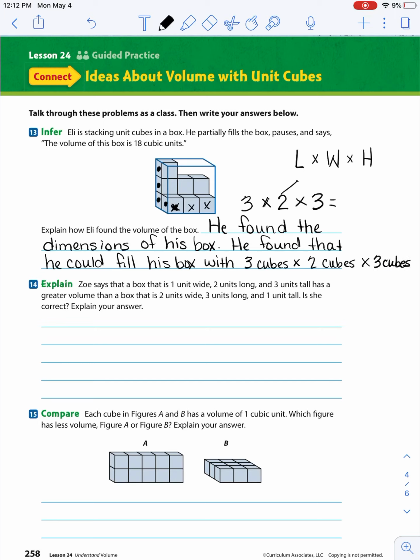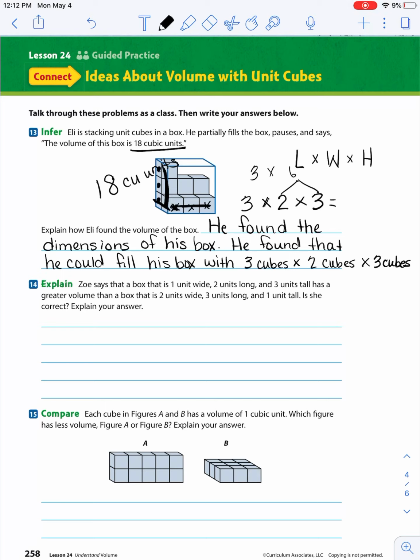So, in other words, Eli found 18 cubic units could fill his box because he has a 3 by 2 by 3.